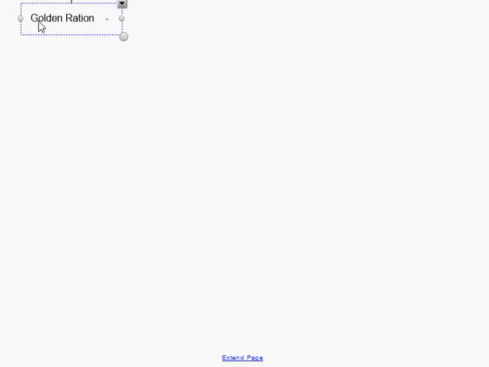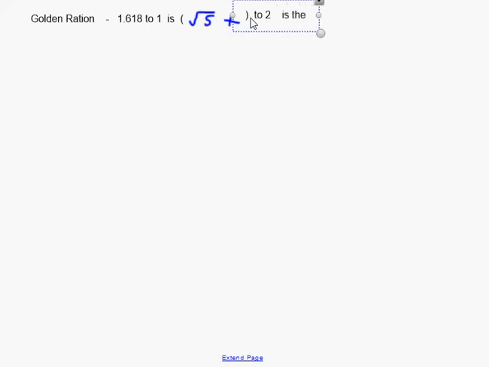This is where 1.61821 is, and that's the same as saying the square root of 5 plus 1 over 2 is the golden ratio.